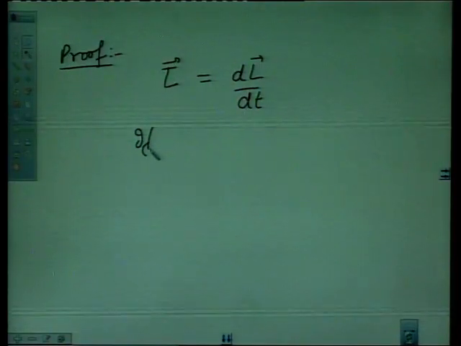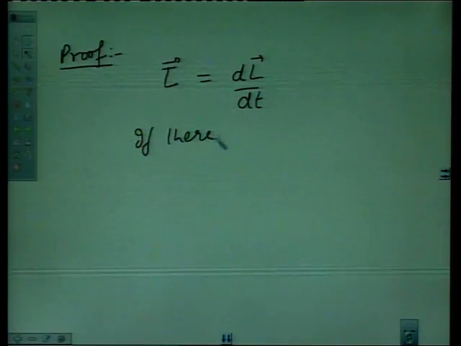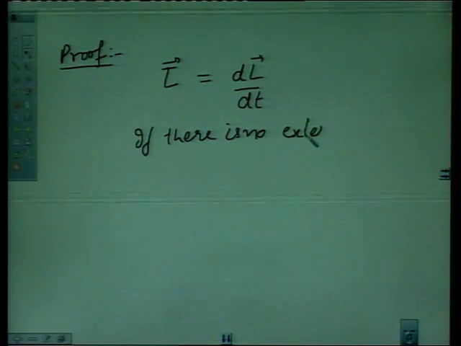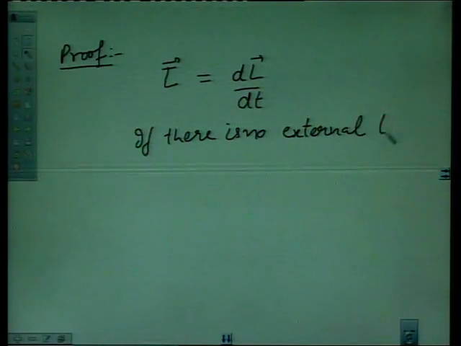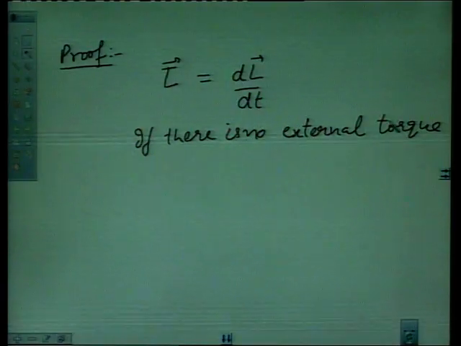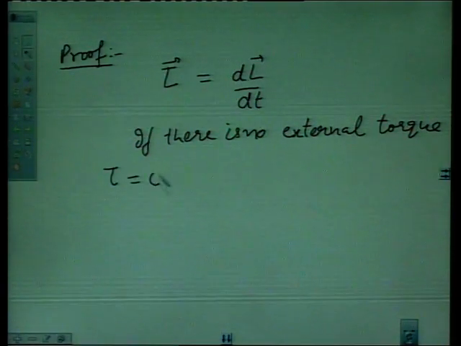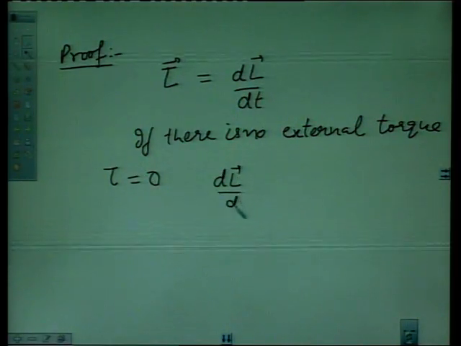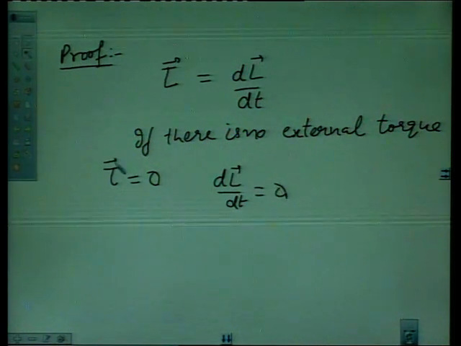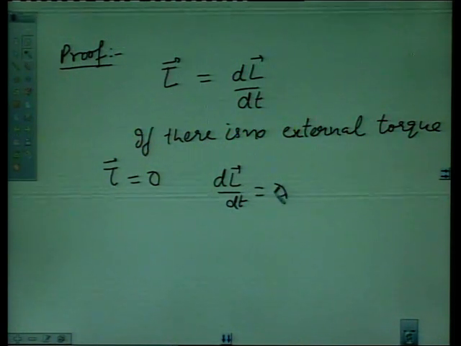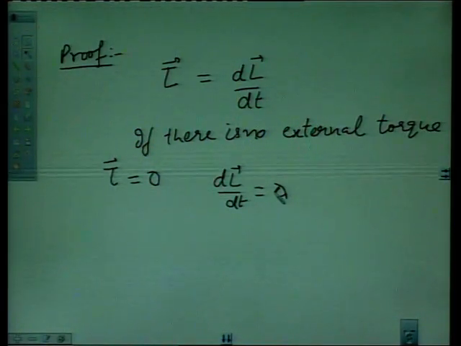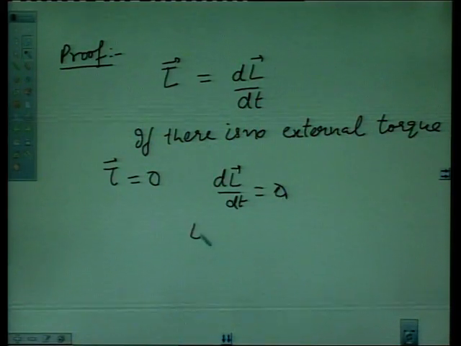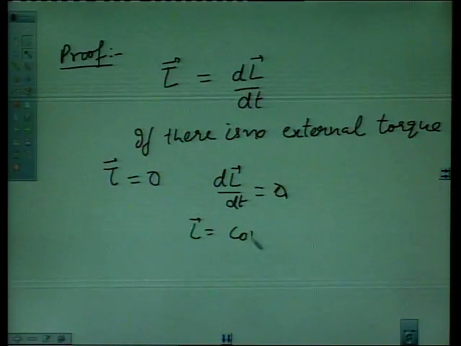If there is no external torque, means tau is equal to 0, so dL upon dt is equal to 0. Now, if the differentiation of angular momentum with respect to time t is equal to 0, it means L is not changing with the time, it is constant. So, we can say L is equal to constant.